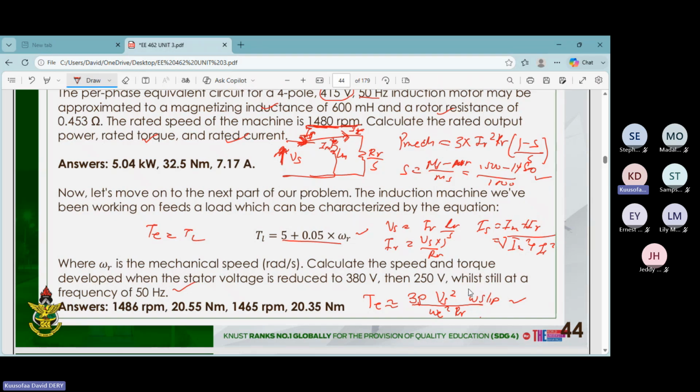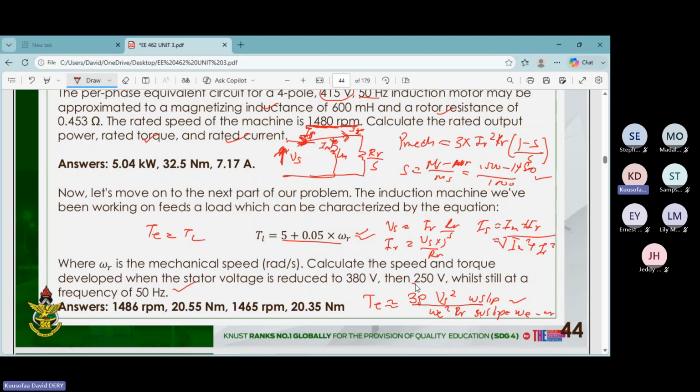Omega slip is omega E minus omega R. So wherever we see omega slip, we are going to put omega E minus omega R. Then we substitute the values and equate to this one. Then we solve for the values. So that is how we go about solving this particular example.